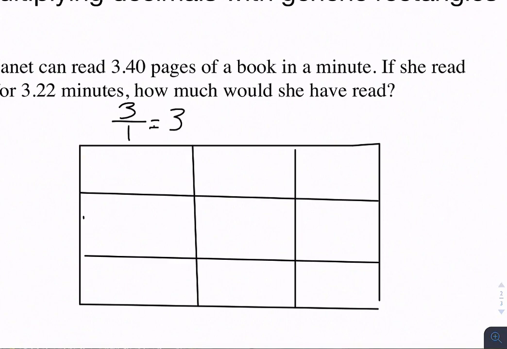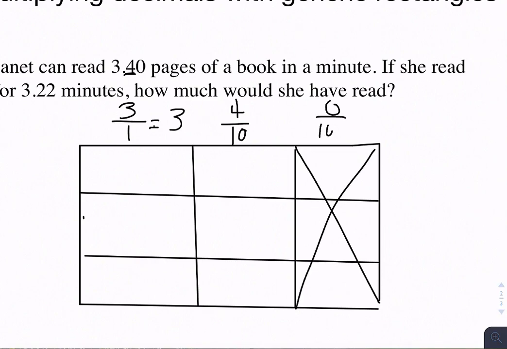And then we have a 4 in that tenths place, so this would be 4 tenths. And we have a 0 in the hundredths place, so I actually don't need to do this because 0 out of 100 is not going to do anything for us.